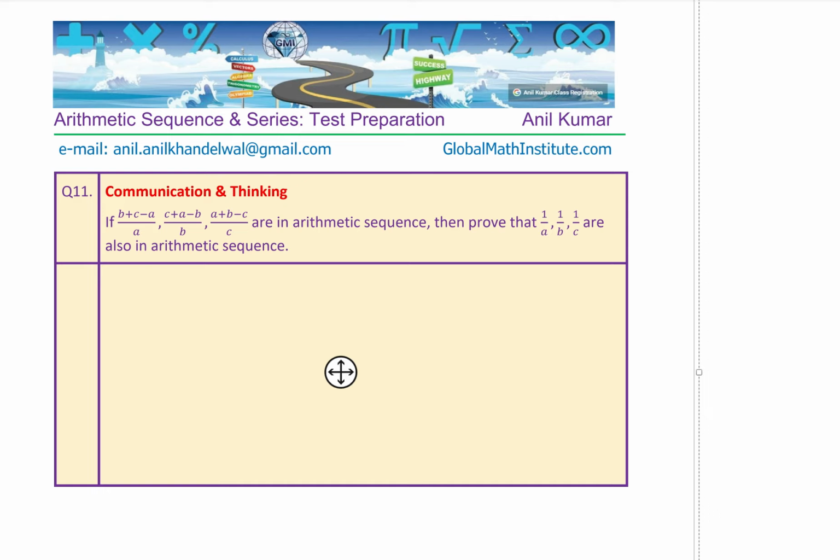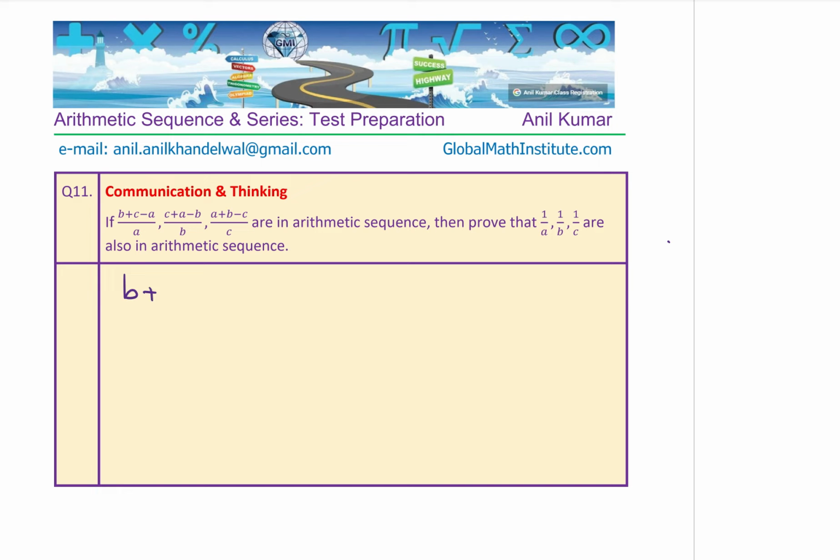So here is question number 11, which is a thinking and application question for you. If (b plus c minus a) over a, (c plus a minus b) over b, (a plus b minus c) over c are in arithmetic sequence, then prove that 1 over a, 1 over b, and 1 over c are also in arithmetic sequence. Well, the hint is something like this.